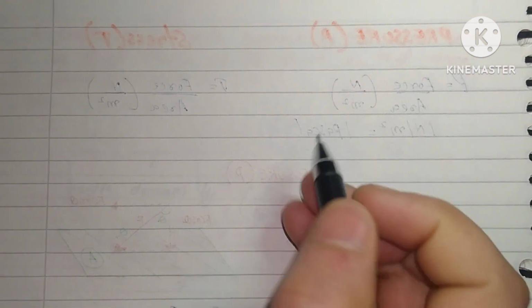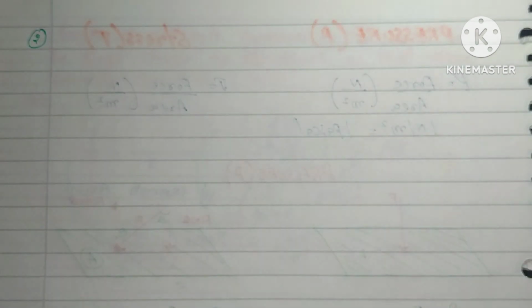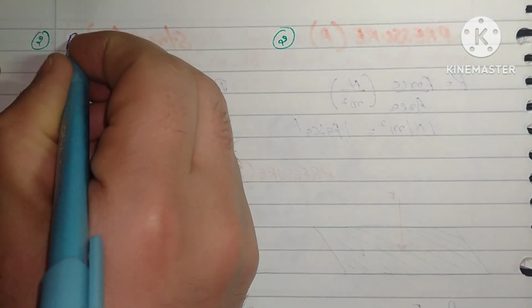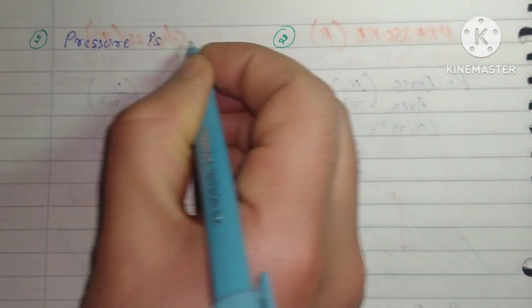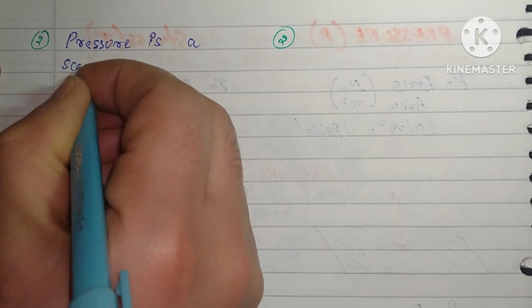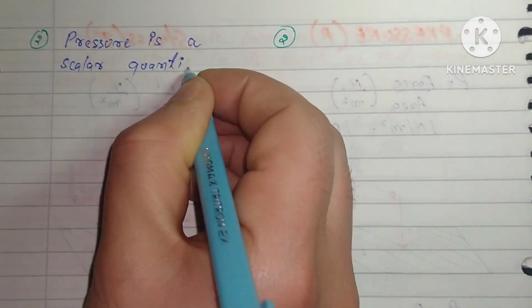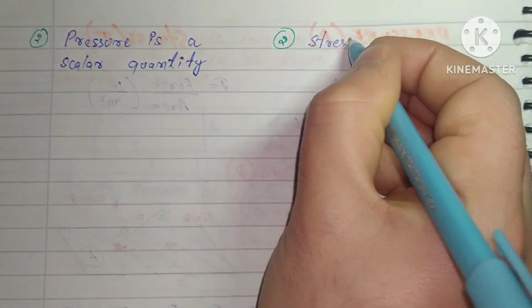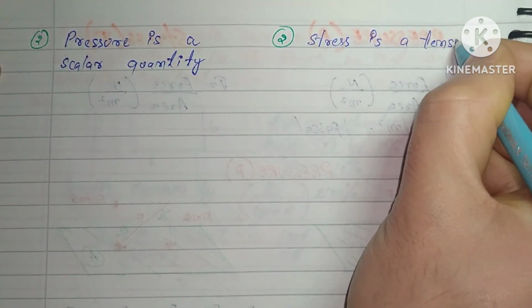Another difference between pressure and stress, the second point, is that pressure is a scalar quantity, and stress is a tensor quantity.